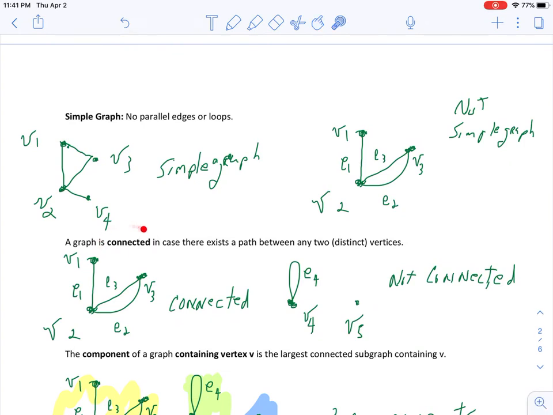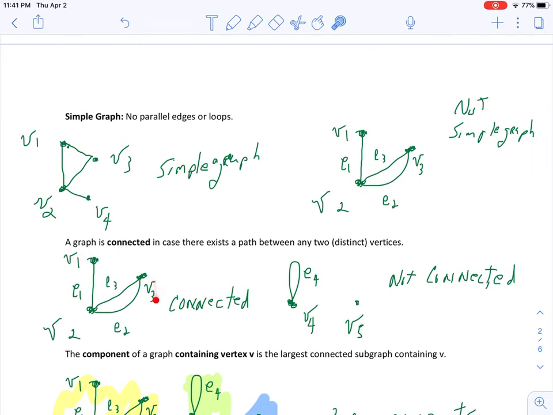A graph is connected in case I can find a path between any two distinct vertices. That essentially means I can walk from one vertex to any other vertex by going along edges that are in my graph.